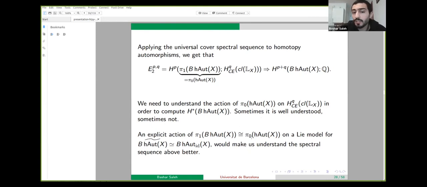An explicit action of this group on a Lie model for the universal cover would make us understand this spectral sequence much better. But as far as I know, there is no such model equipped with such a group action. Sometimes you can find it with this ordinary DGLA, but there is no universal way of doing it, as far as I know.